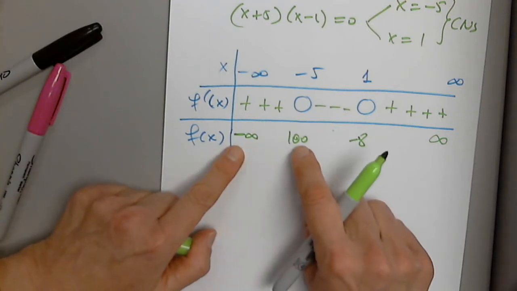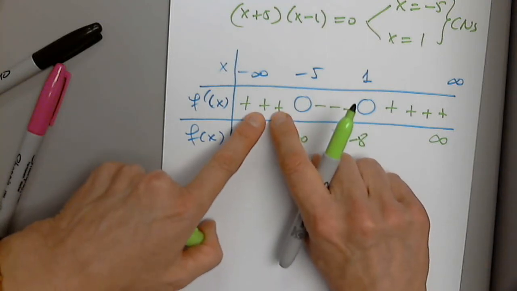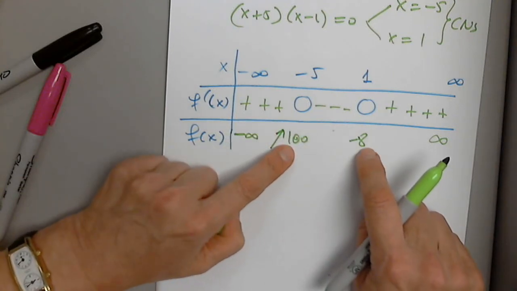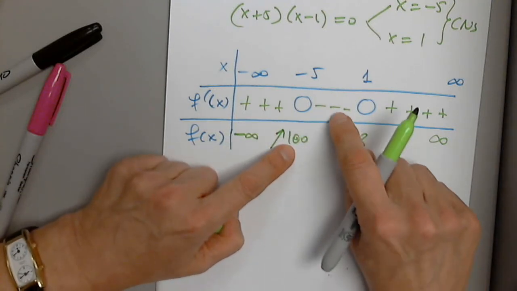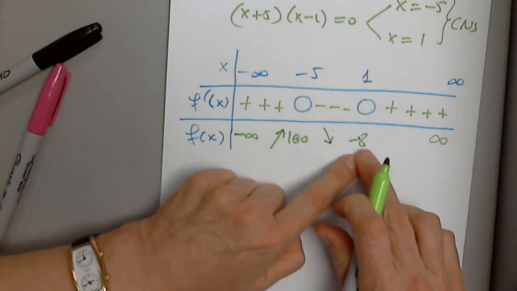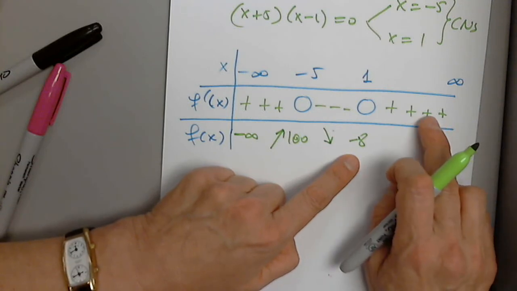So now from -infinity to 100, what does the function do? Increase. Is that supported by the sign of the first derivative? Yes. From 100 to -8, what does the function do? Is that supported by the sign of the first derivative? From -8 to infinity, what does the function do? Is that supported by the sign?